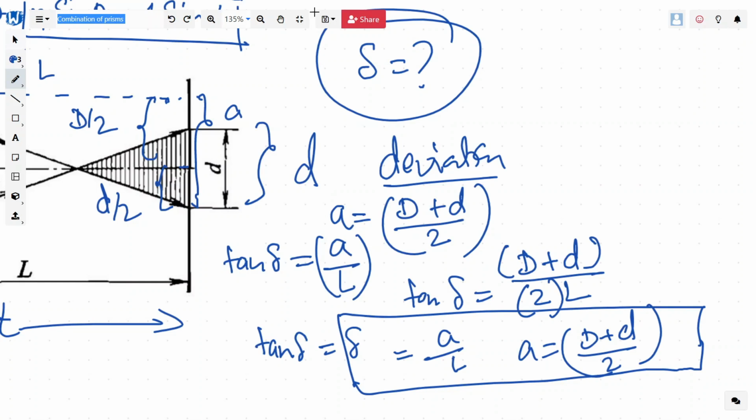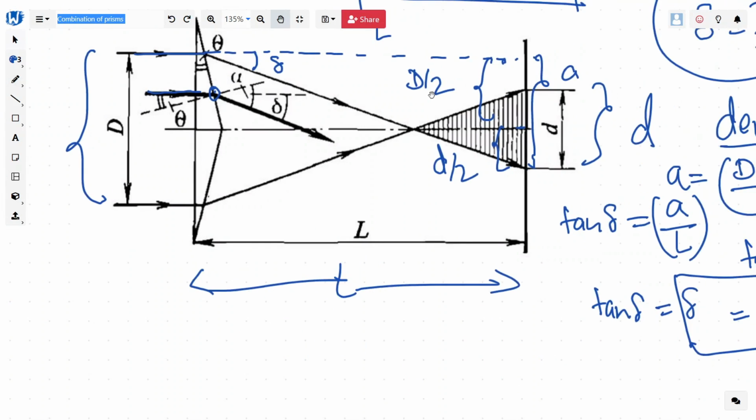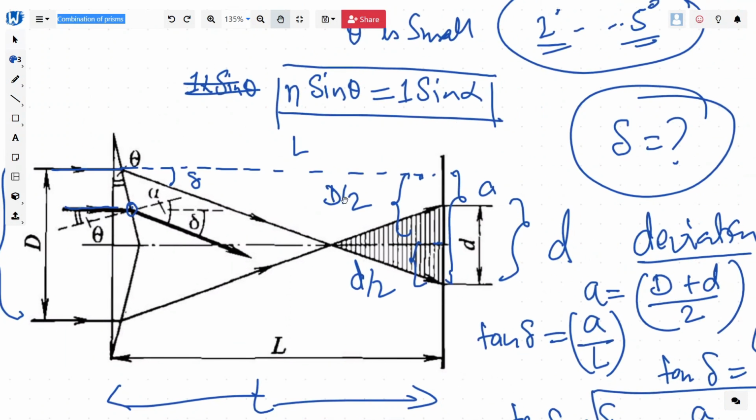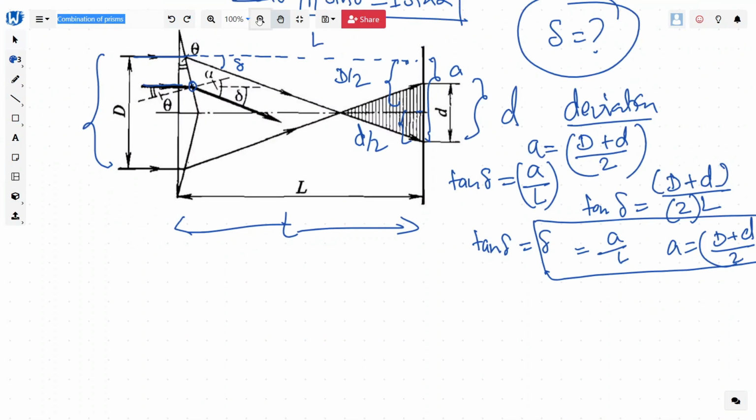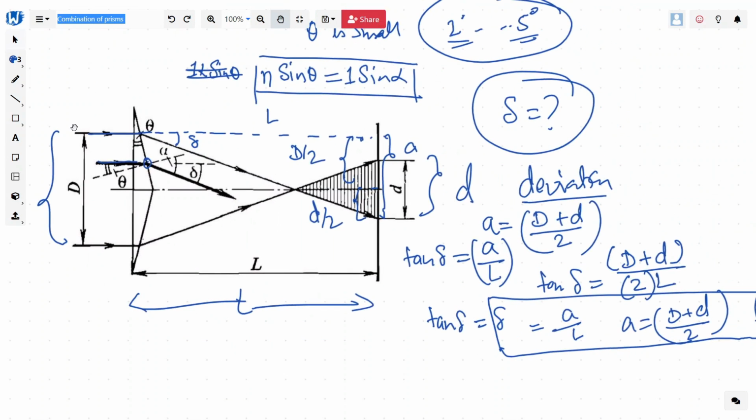And now let's look at the Snell's law equation which we wrote earlier. So sine theta and sine alpha. You can see all the equations. So now let's look at the Snell's law equation, which is n sine theta is equal to sine alpha.